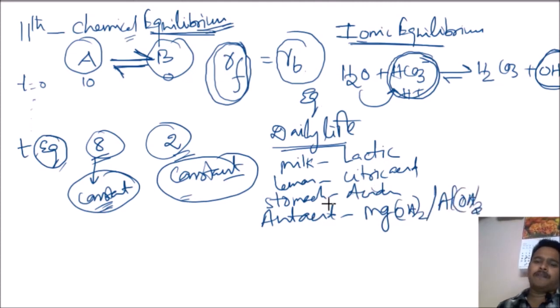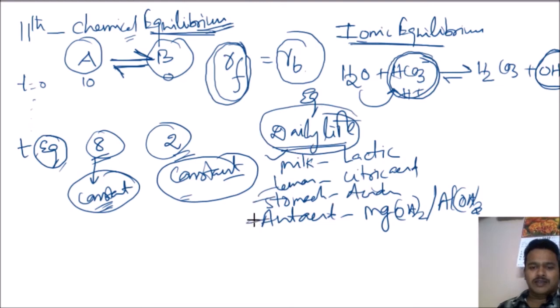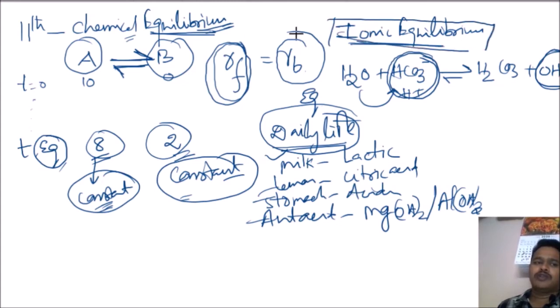These are all in our daily life. Otherwise, in our body, our life is going on with some types of acids. So we have to know what is an acid, what is a base, and what are salts, before going into ionic equilibrium.